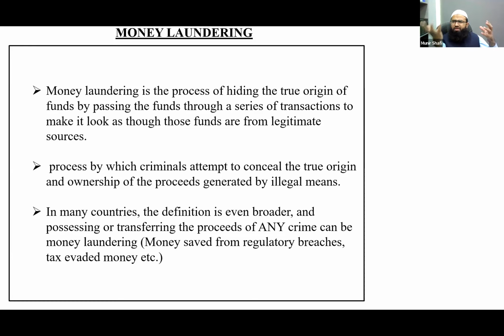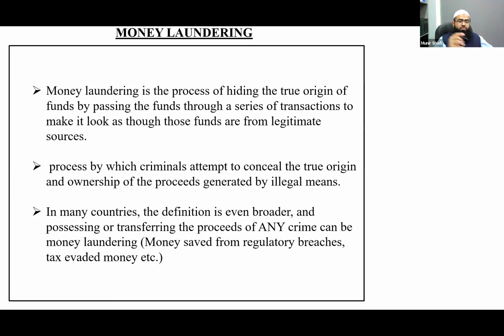So now these funds are in your hands. If these are in our hands, how can anyone question? How will anyone get to know that I'm having these funds? I'll tell you. Let's see another definition. Process by which a criminal attempts to conceal the true origin and ownership of the proceeds generated by illegal means. Not only conceal, but to make it look clean as well.